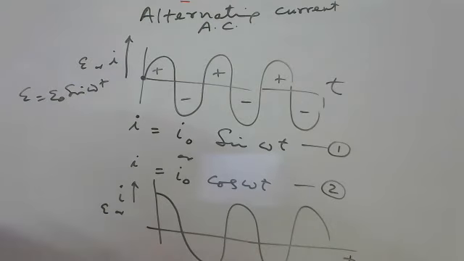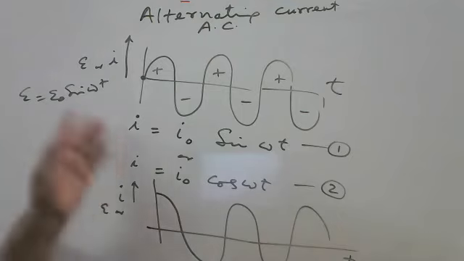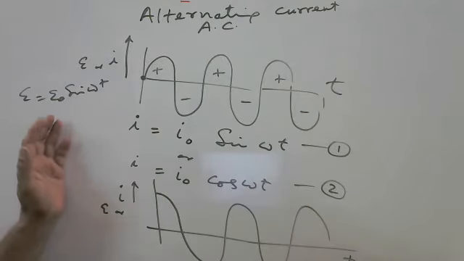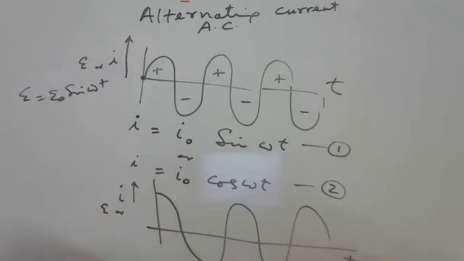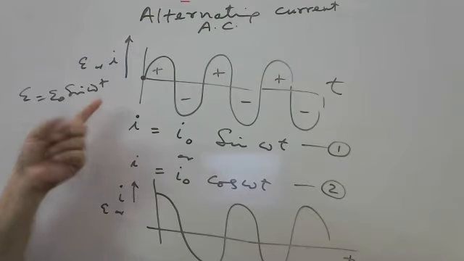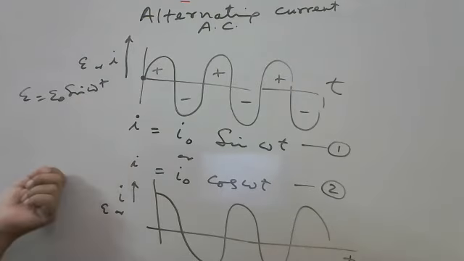Got it? So we represent AC either by sine function or by cos function. I think there is no doubt, it is a very simple thing, because most of you are, say, bio students, so you should know.